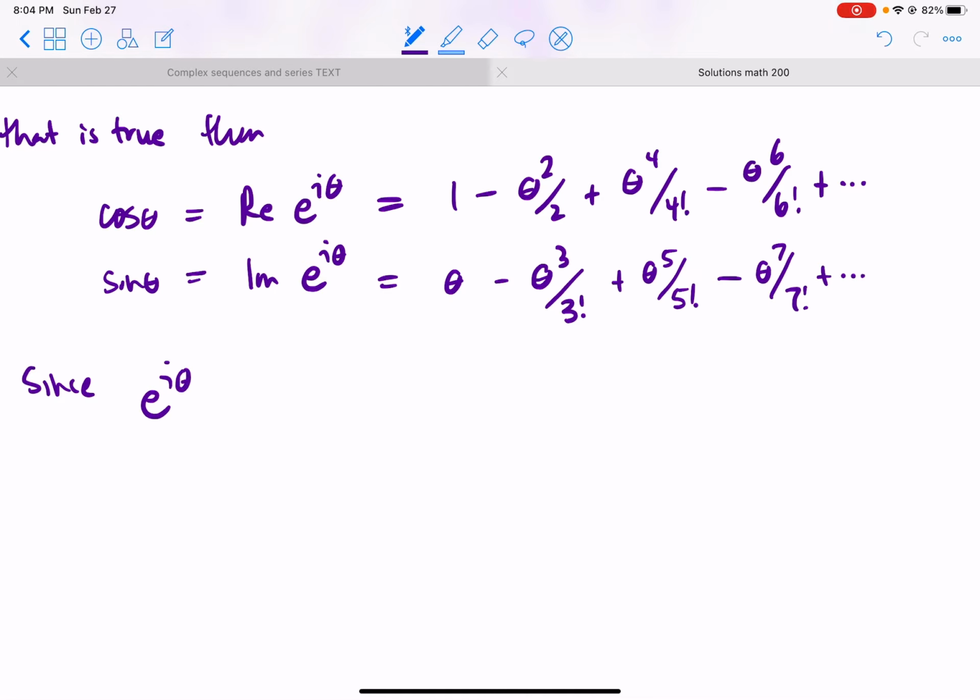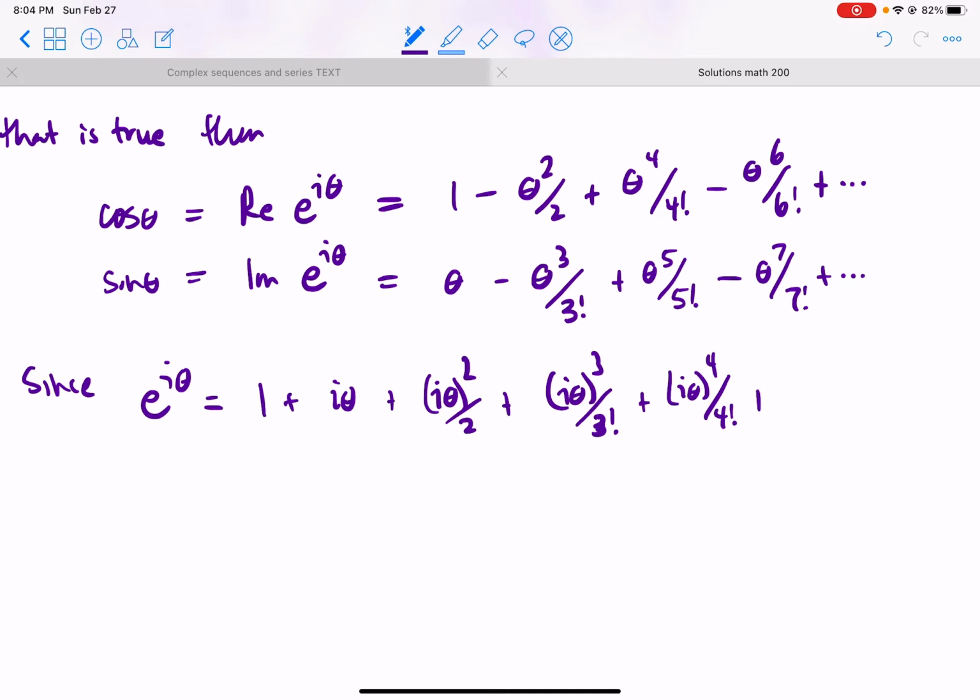Since e to the i theta is, by definition, 1 plus i theta plus i theta squared over 2 plus i theta to the 3rd over 3 factorial plus i theta to the 4th over 4 factorial plus i theta to the 5th over 5 factorial plus dot, dot, dot. And let's just look at what this will be.